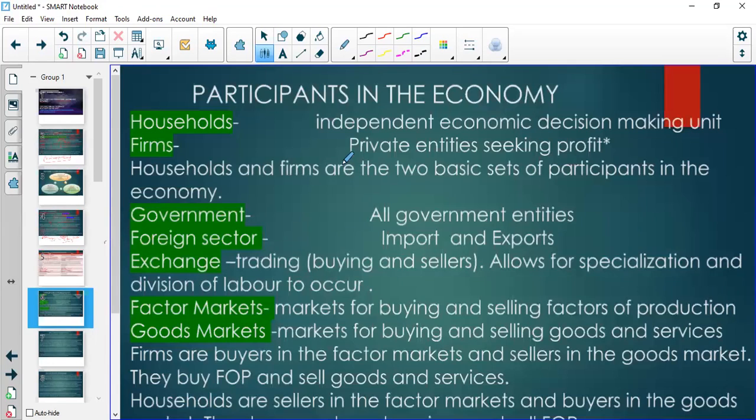Right now, let's look at the general economy of South Africa and the various people participating in the economy, various individuals, various participants. So we have something that is referred to as a household. A household is not your home, or your home and the people that stay there. A household is an independent economic decision-making unit.